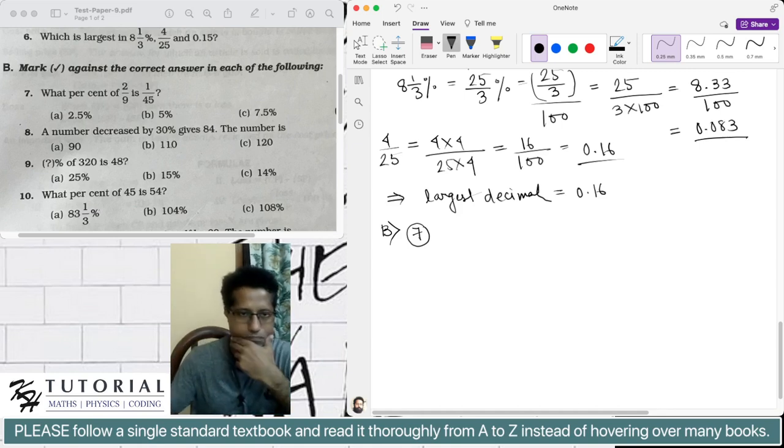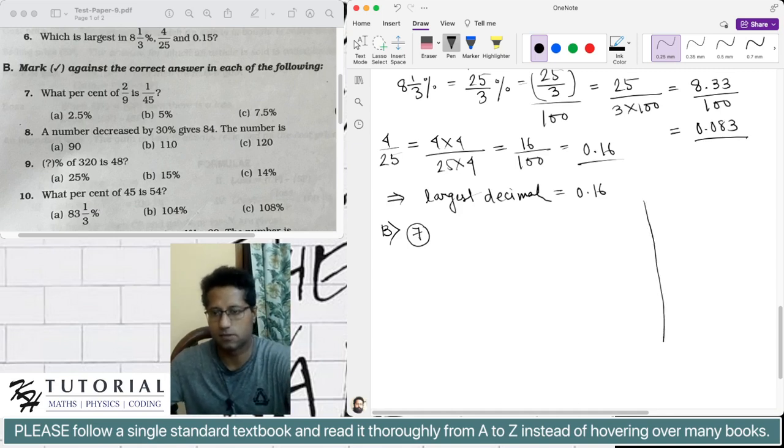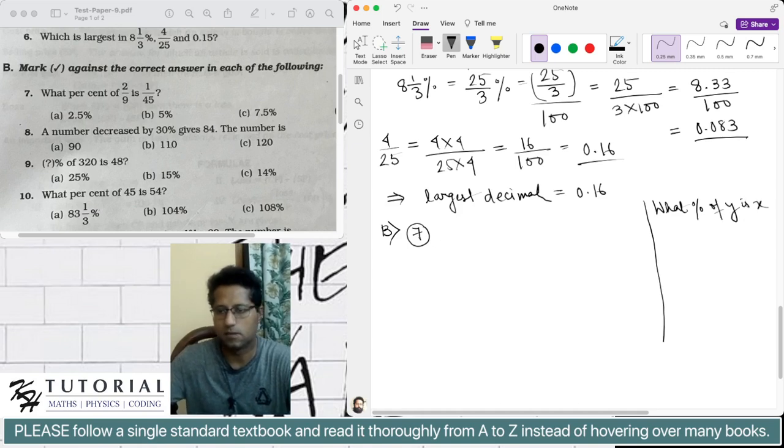So when you are asked what percent of y is x, the answer is x by y multiplied by 100, this much percentage.